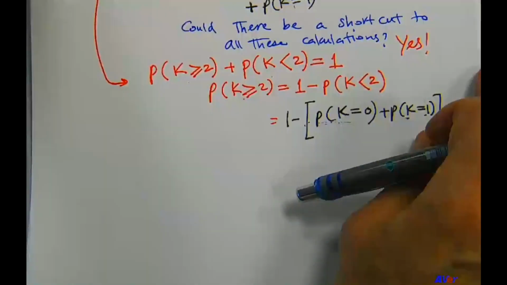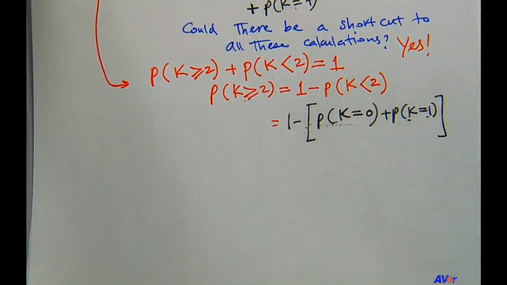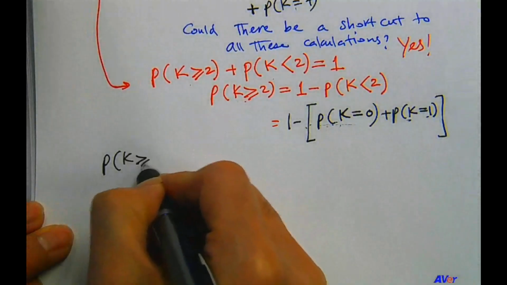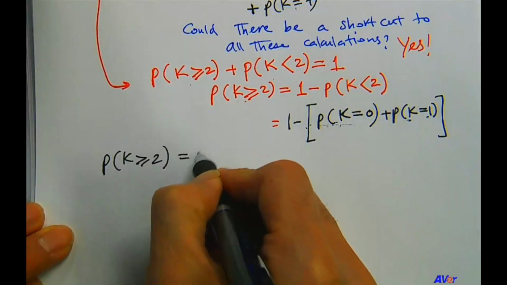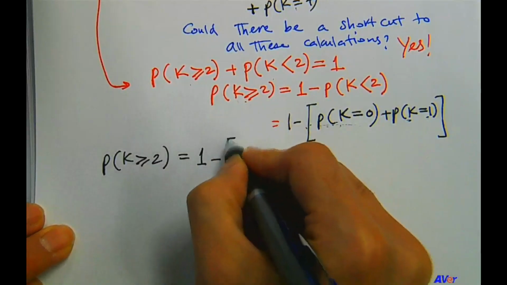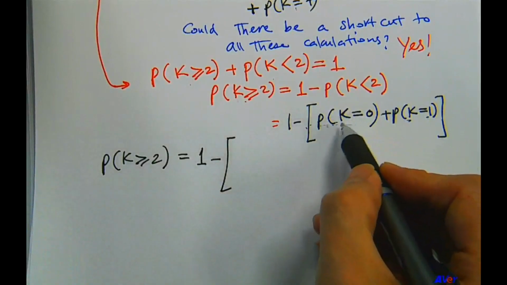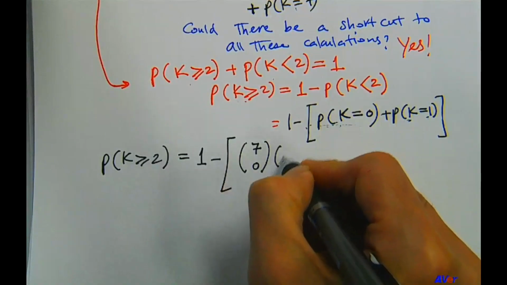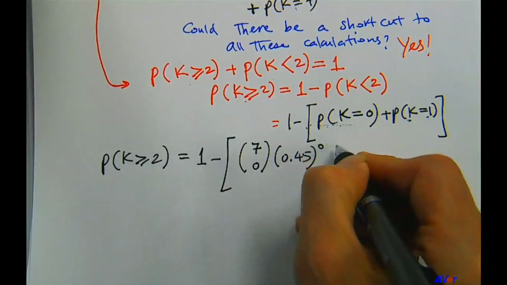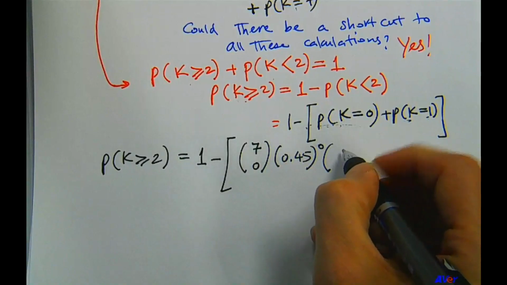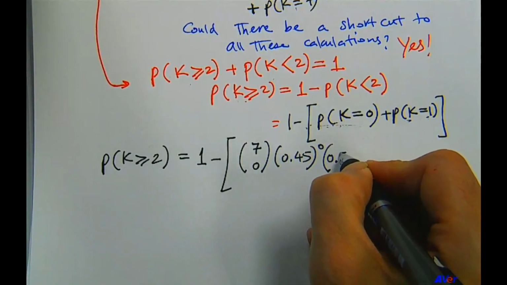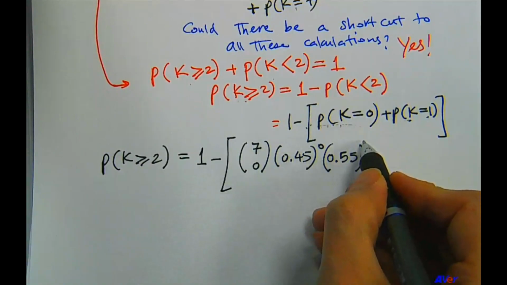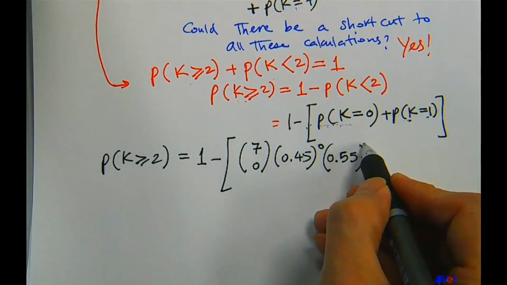Okay, so let's do that. The probability of k greater than or equal to 2 is equal to 1 minus. I'm going to write the probability model for this piece first. We have 7 choose 0 times 0.45 to the 0 power times 0.55, which is 1 minus that, to what power? Can you think of what power this should be?